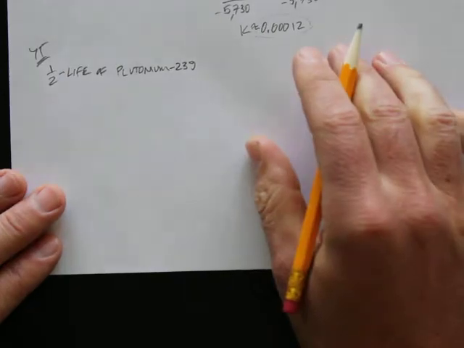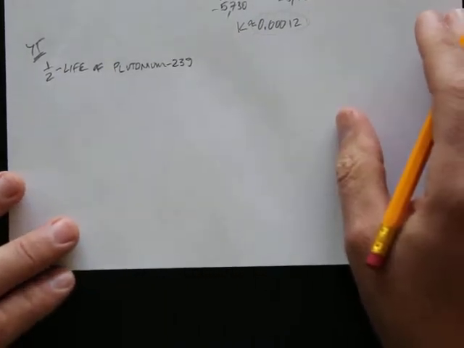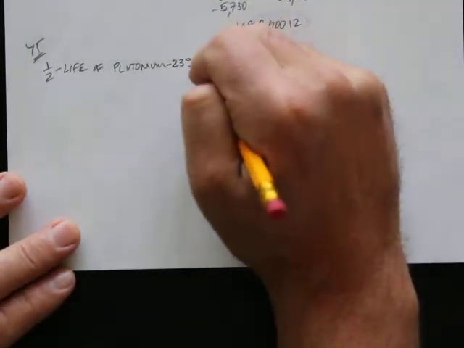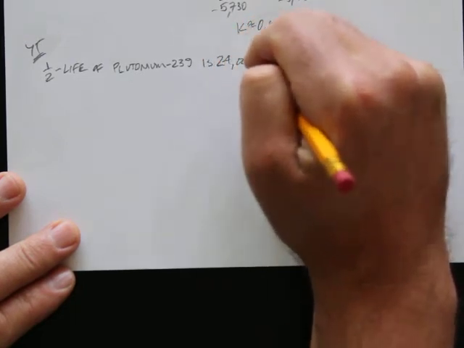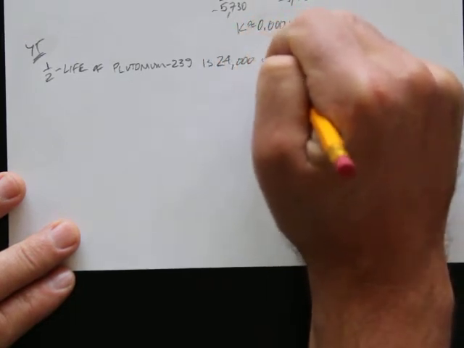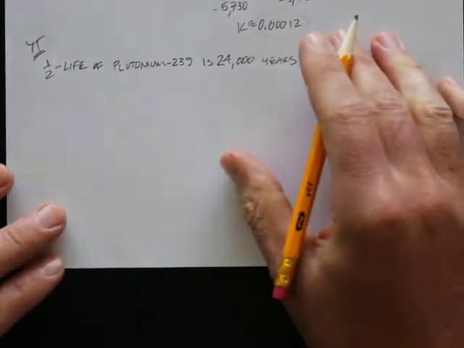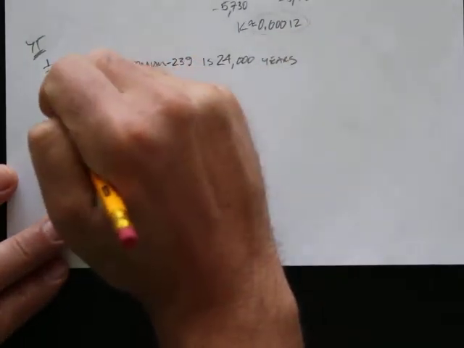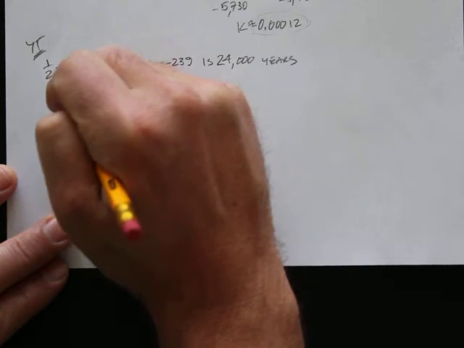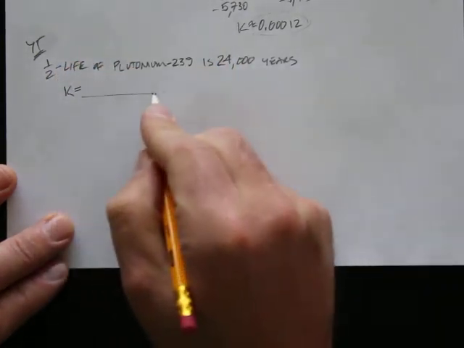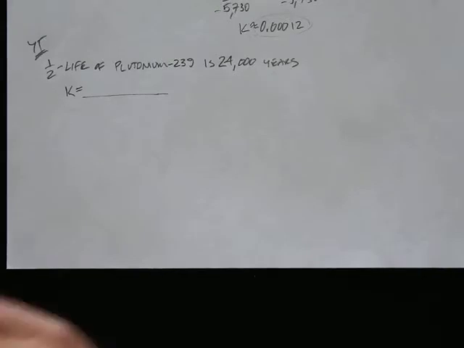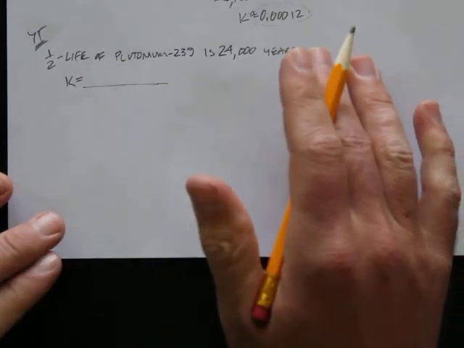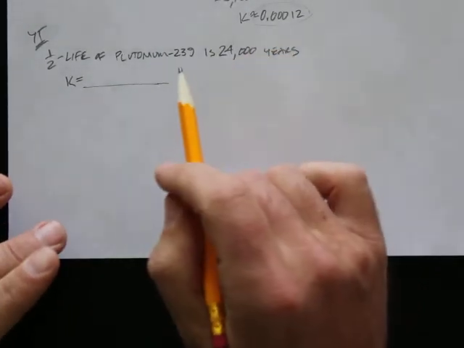Plutonium-239 is that specific type of plutonium, I guess, is 24,000 years. All right, so I want what K equals, or K is approximately. That's what I want. All right, so go.